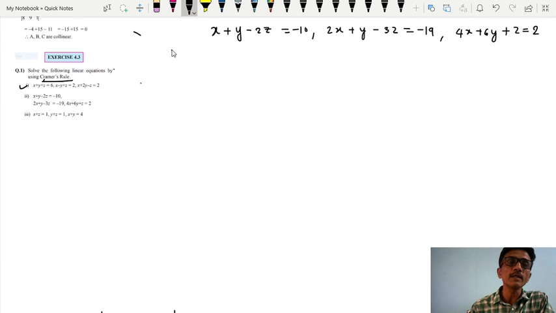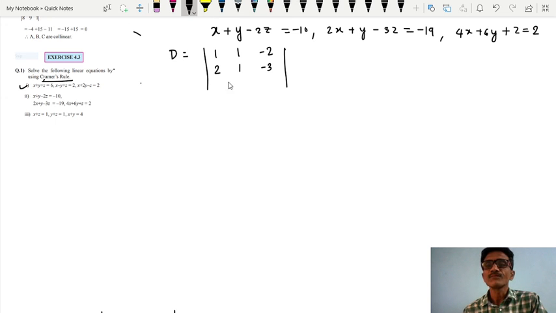We will find d, dx and dy. So what is d? It is the determinant of the coefficients of x, y, z. 1, 1, minus 2 will be the first row. 2, 1, minus 3 will be the second row. 4, 6, 1 will be the third row. We will expand it.